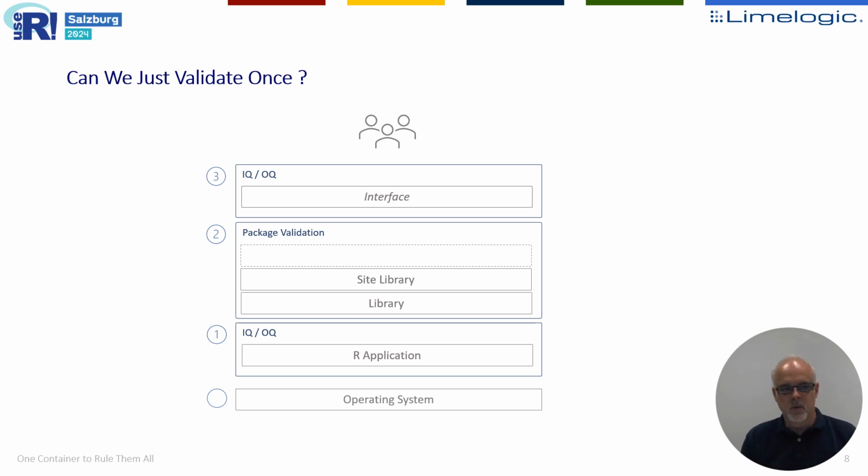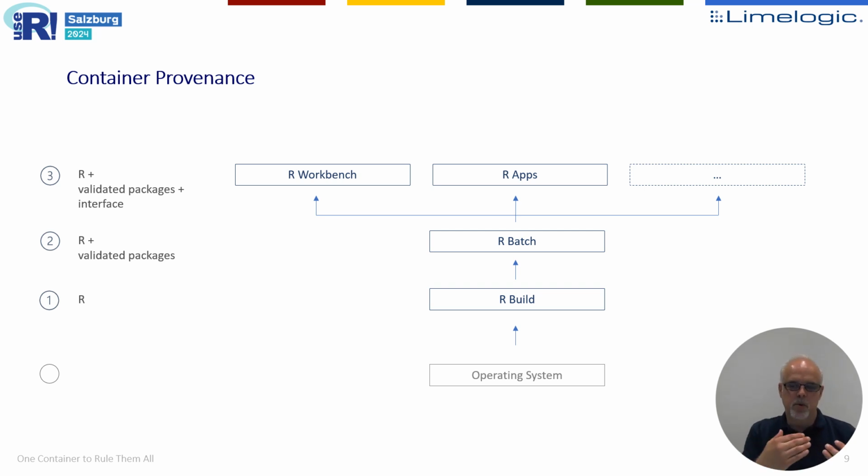Using this approach, we can validate the packages once, but then use them with whatever interface that we need. The only real time we need to rebuild the first container is when we decide to release a new version of R. So we can use container provenance in this case to start with an operating system. We then create a container that just contains the build of R. And then we add the validated packages to a new container that's based on the R build container.